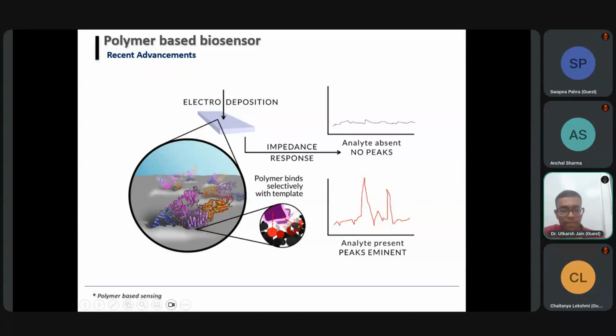When we load the molecules on the polymer surface, these molecules get entrapped on the polymer surface, and then you check the electrochemical response, whether the molecules on that specific molecularly imprinted polymer surface cause any resistance or impedance that is detectable in the electrochemical signal. So that we are going to notice.